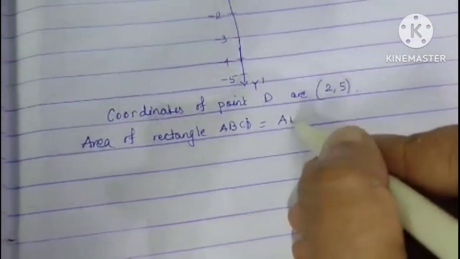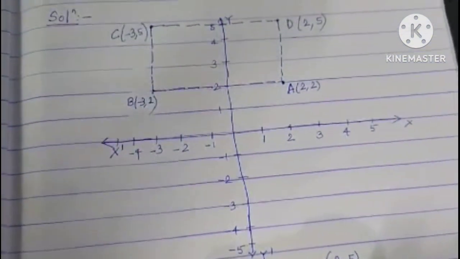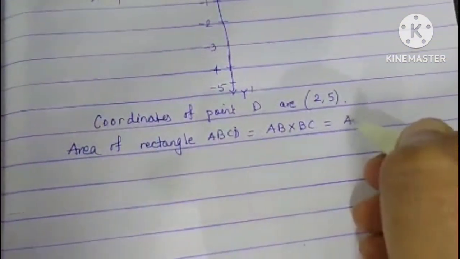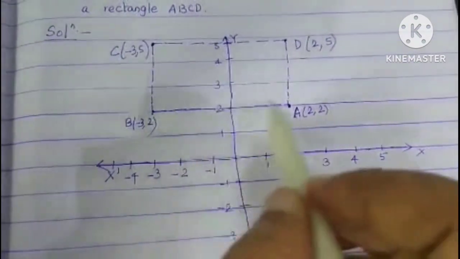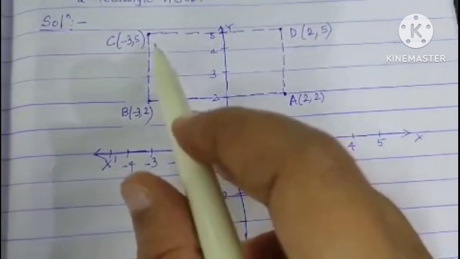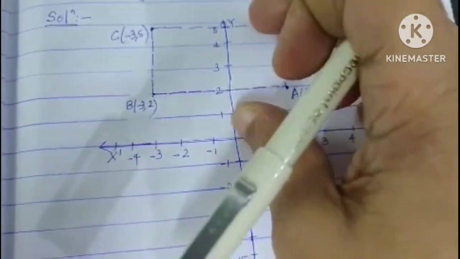We can also write AB multiplied by AD, or BC. This will be the same because opposite sides are equal in a rectangle.